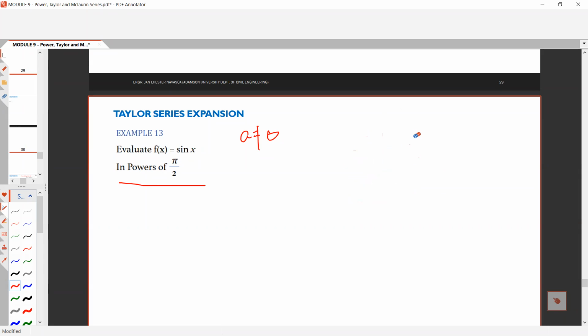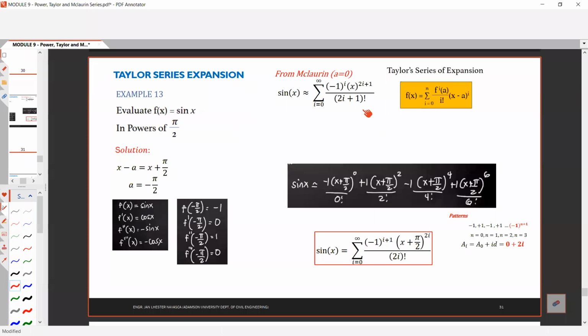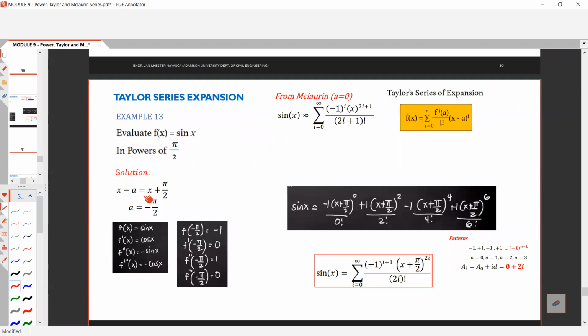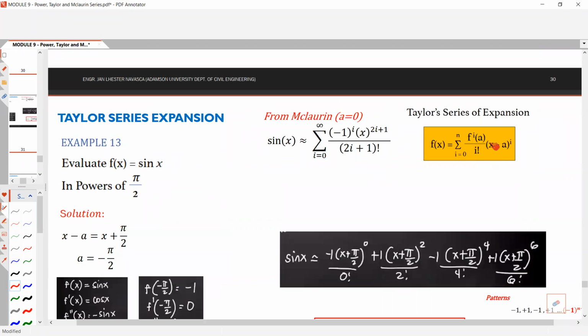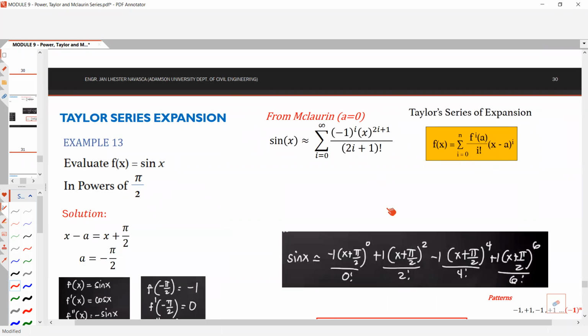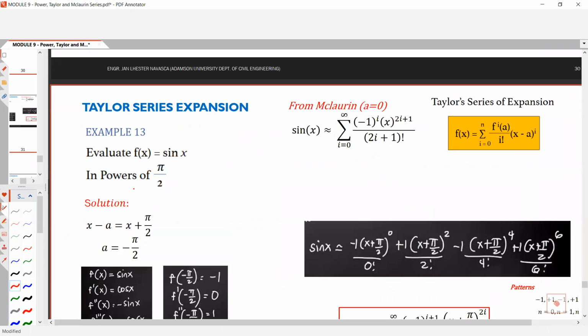Okay. So, therefore, if we check dito, we need to find what is the value of a muna natin. So, since the Taylor series expansion is x minus a raised to i, sabi niya, dapat powers of pi over 2 lang yung makikita niya. So, x minus a, ito pala, meron na ako nakasulat.